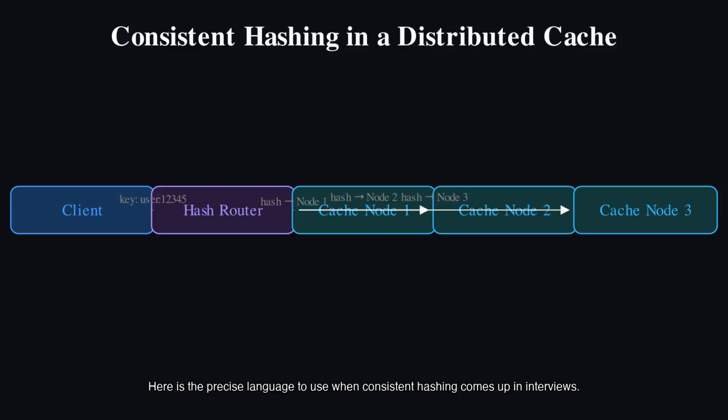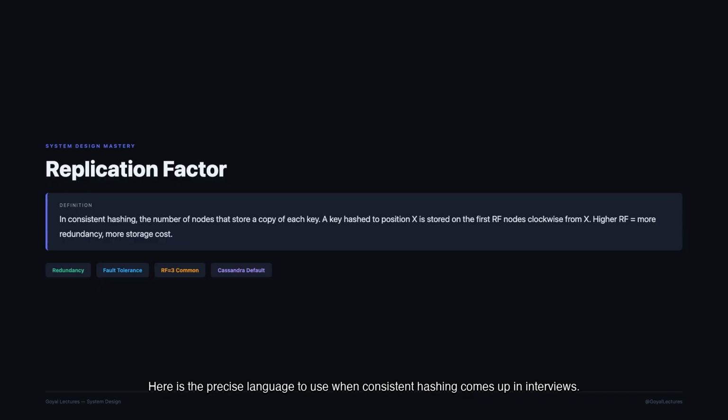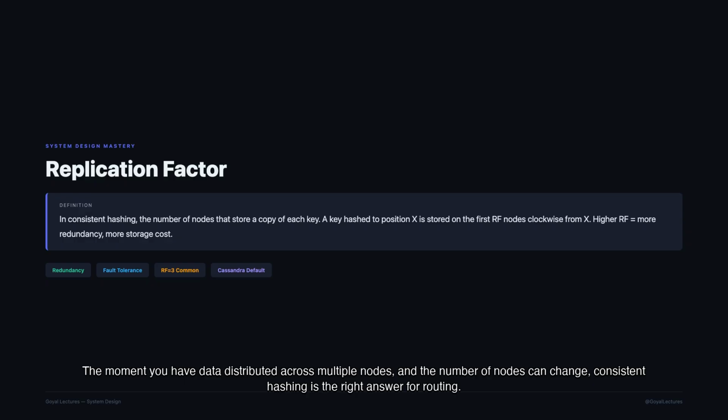Here is the precise language to use when consistent hashing comes up in interviews. This applies whether you are designing a distributed database, a distributed cache, or a CDN. The moment you have data distributed across multiple nodes and the number of nodes can change, consistent hashing is the right answer for routing. Say it unprompted.